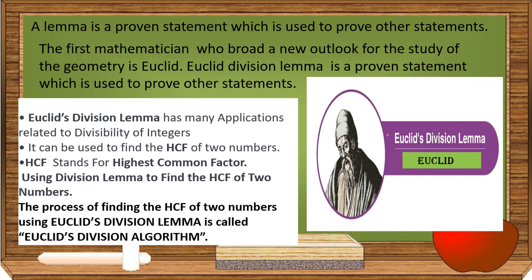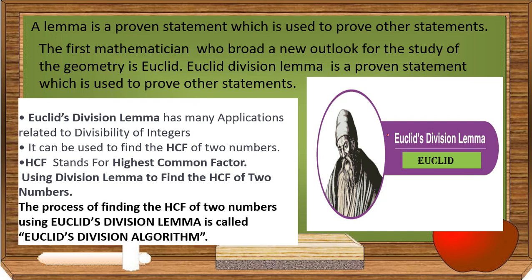It can be used to find the HCF of two numbers. Using this lemma, we can find the highest common factor of two integers or more than two integers also. So the process of finding the HCF of two numbers using Euclid's division lemma is known as Euclid's division algorithm.